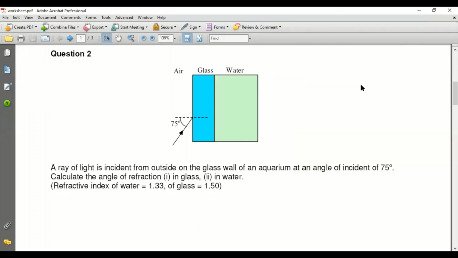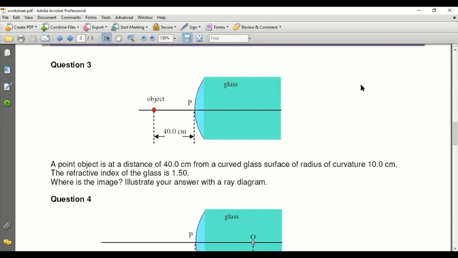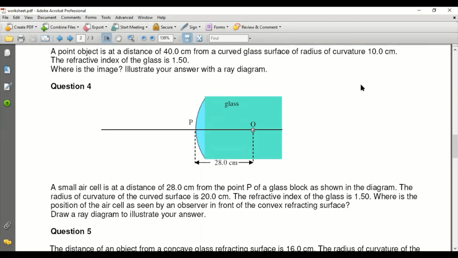Question number 2. Question number 3. Question number 4.